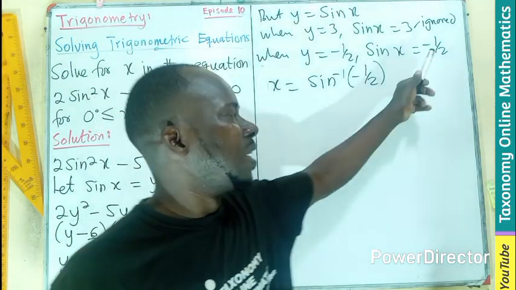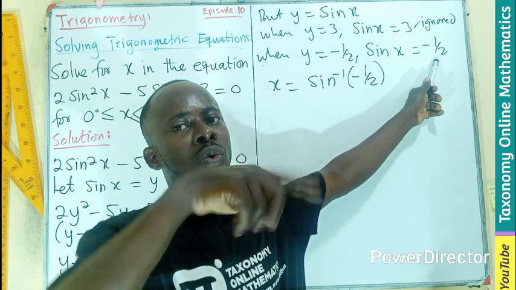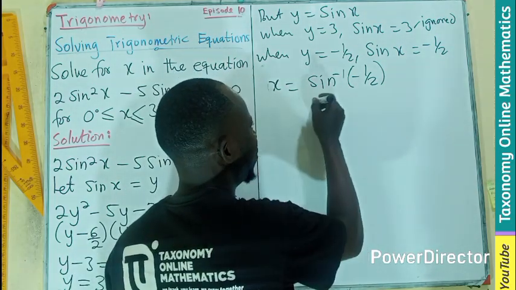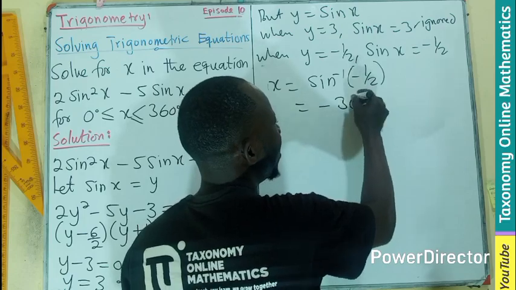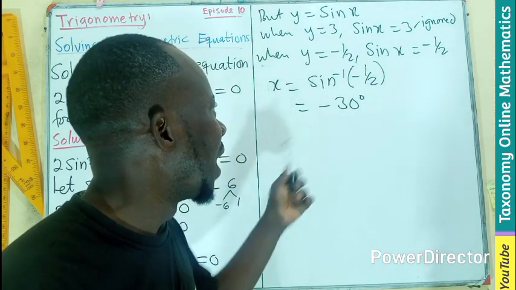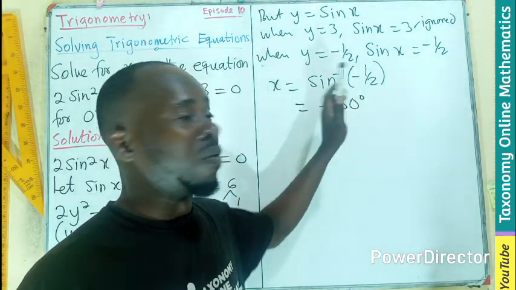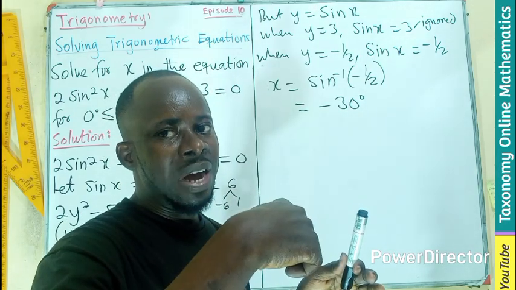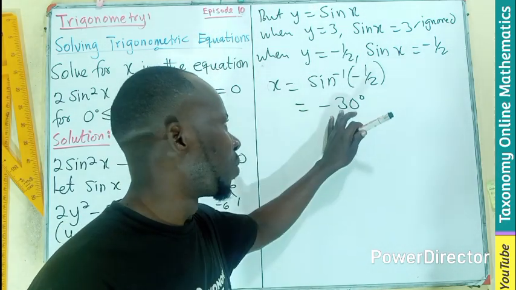This means the movement is not in the anti-clockwise direction, but rather in the clockwise direction. So you get your answer to be negative 30 degrees. Sine inverse of half is positive 30. If it is a negative value, it means we are in the clockwise direction. So this is what we have.